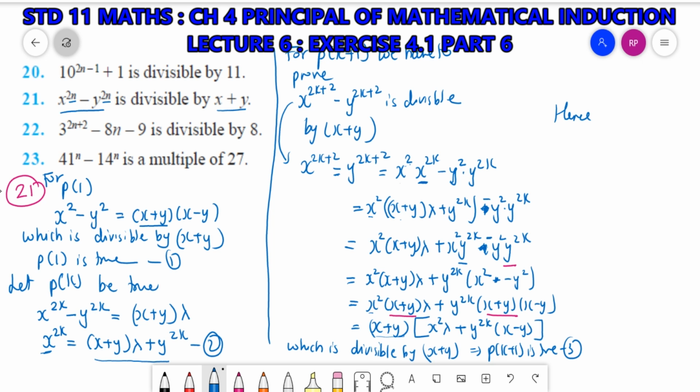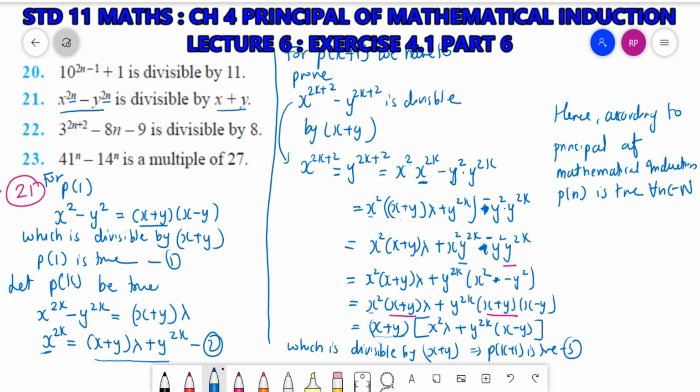Hence, according to principle of mathematical induction, P of n is true for every n belonging to N. Clear? So this was about question number 21. So just note it down.